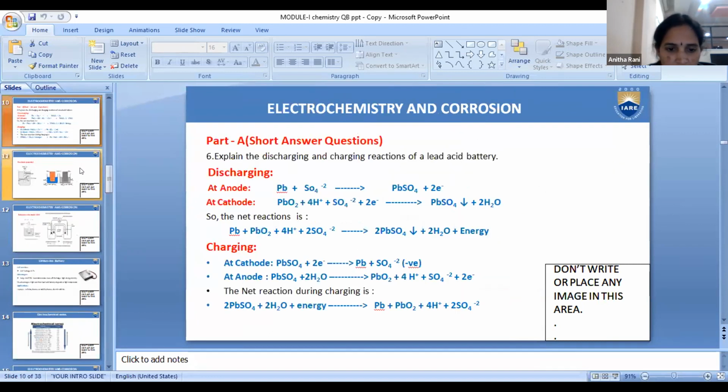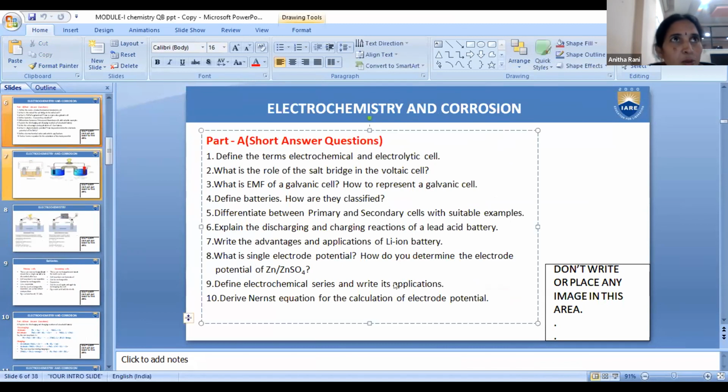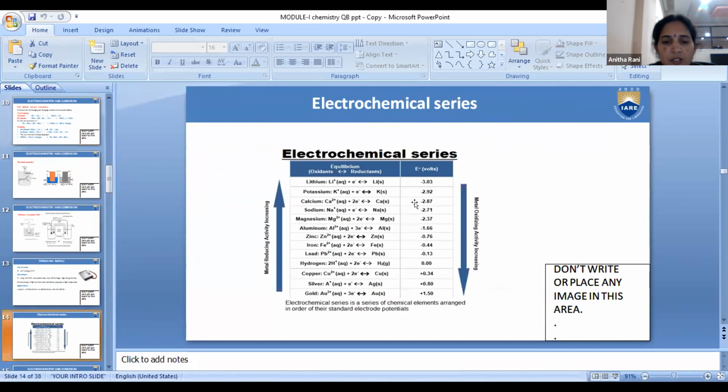Now next, what is the question? Applications. Tell any 2 applications, students. From the electrochemical series, what are you able to know? First is to predict the relative oxidizing and reducing power.